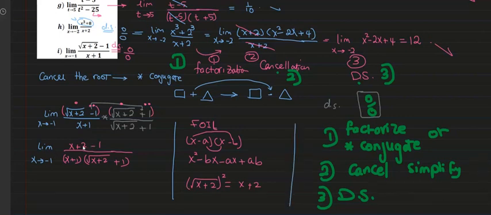Simplifying what? Here in the numerator, you can see that we have x plus 2 minus 1, as if we're having x plus 1, right? And in the denominator, we had x plus 1, and then the square root of x plus 2 plus 1. And this is under the limit operator as x approaching negative 1.